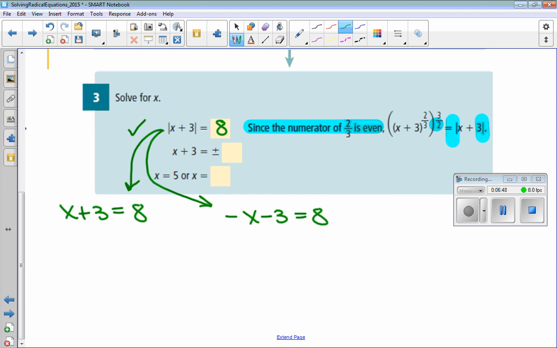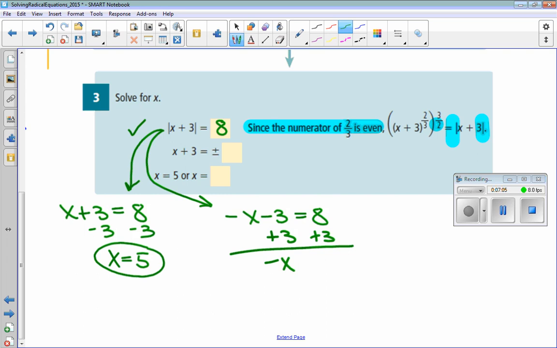Whatever's inside the absolute value is what you think it is, or the signs are opposite of what you think they are. So then we subtract 3 from both sides. One of my possible answers is 5. We go over here, we're going to add 3. Divide by -1. The other possible answer is -11. So x equals 5 or x equals -11.